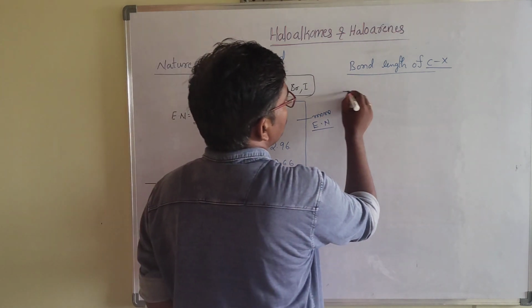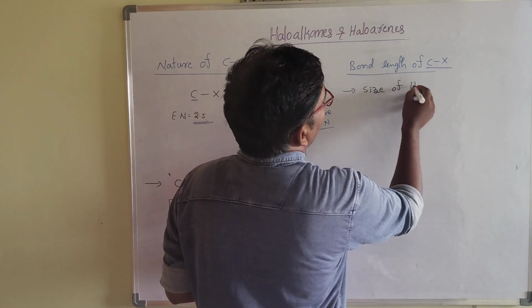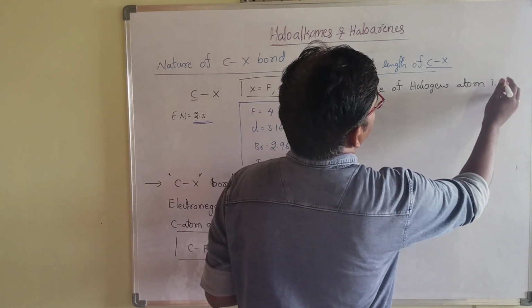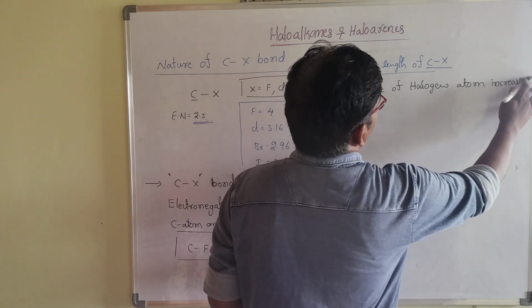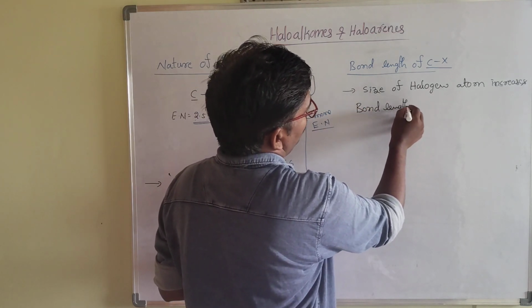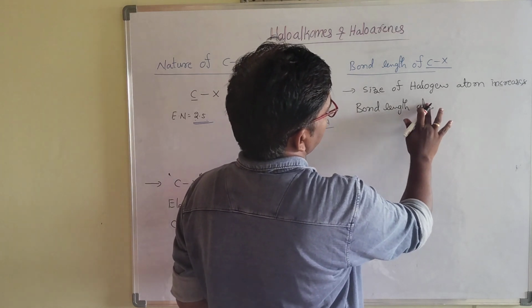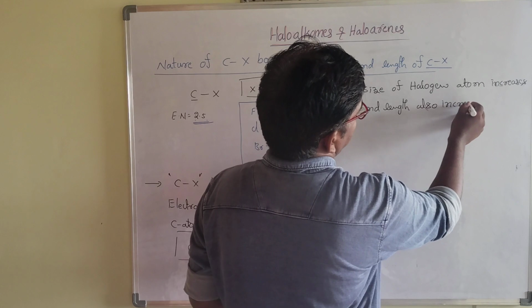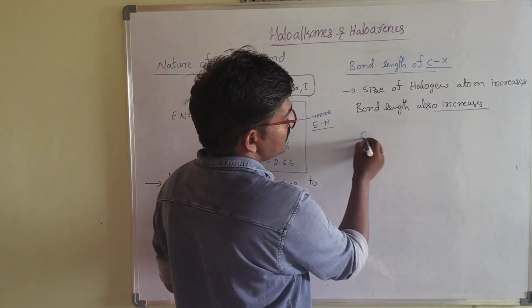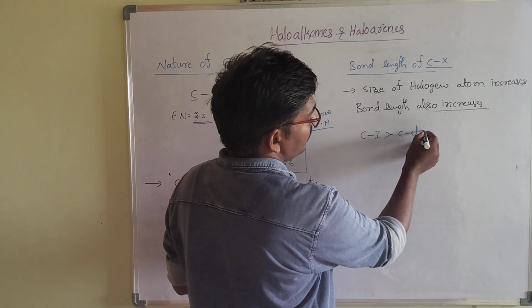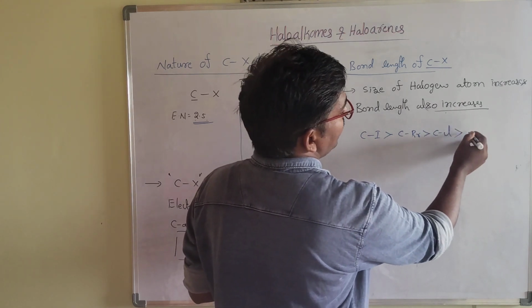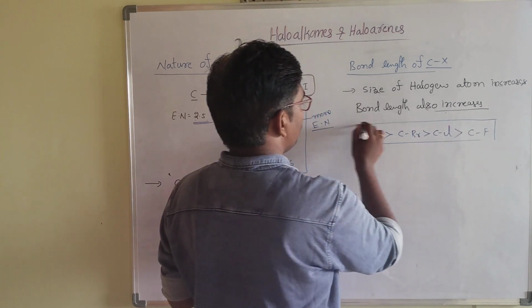So if you observe the bond length order, C-I has more bond length than C-Br, than C-Cl, than C-F. Clear? This is the order for bond length.